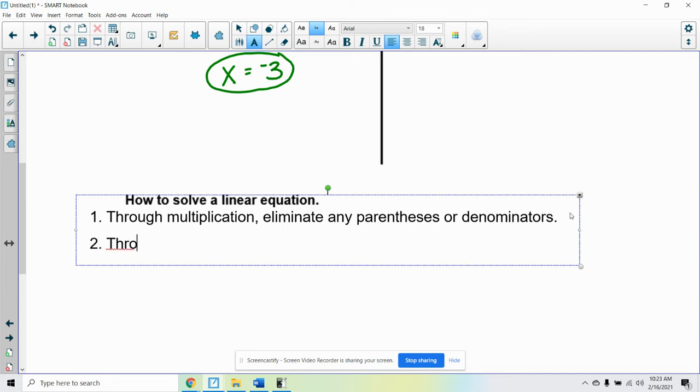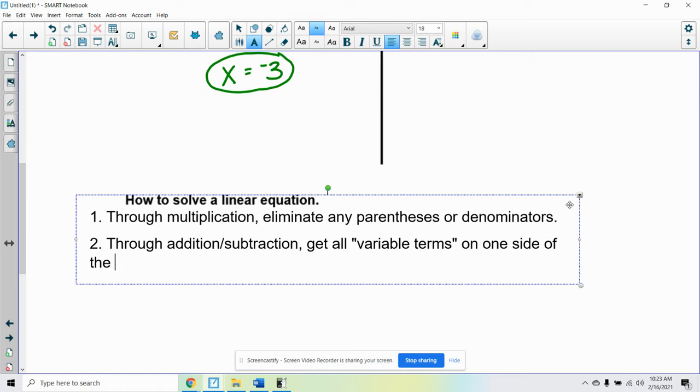Next step, through addition and subtraction, get all variable terms on one side of the equals and all constant terms on the other side.